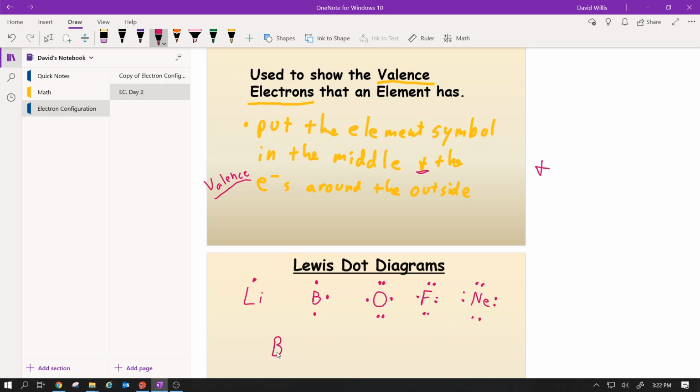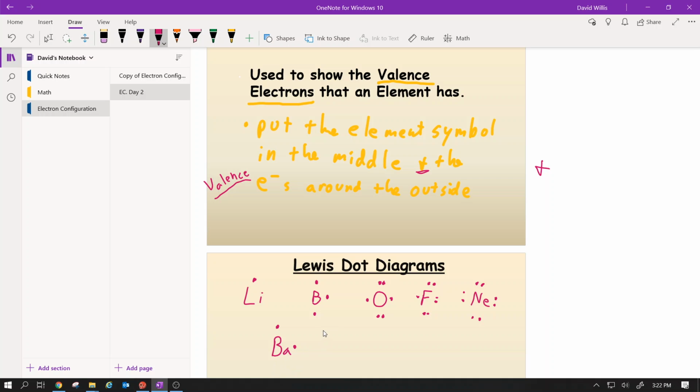Ba, what group's it in? That's period 6. My bad, 2. It's in group 2, which means we're going to put 2 electrons, and I'm just going to put them right there next to each other. You could put them across also. It'd be fine.